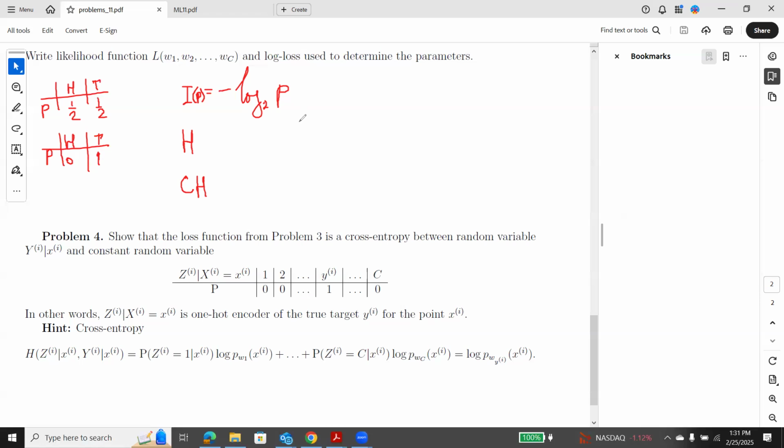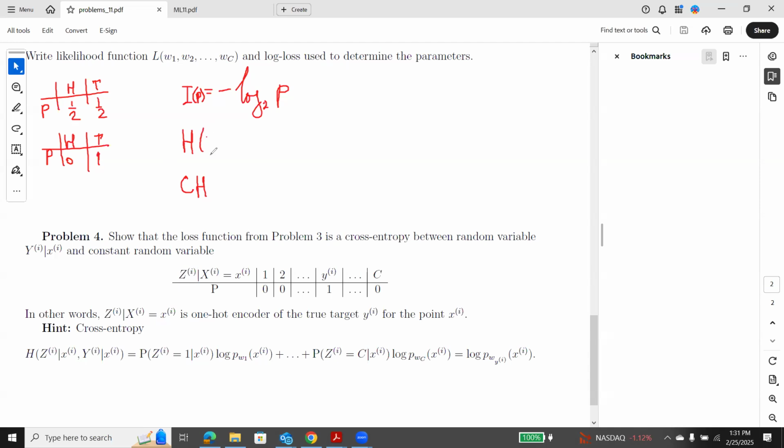In case of information, we just by definition say that log of 0 is 0. But for 1, if your tossing resulted in tails, the information will be 0. There is no new information because we know that every time we flip a coin, we will get tails. Does it make sense?